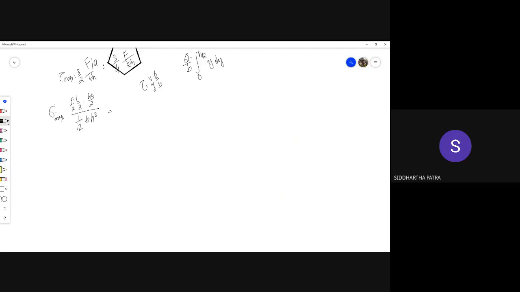Then this is maximum Y. So 3 by 2 into FL by BH square.